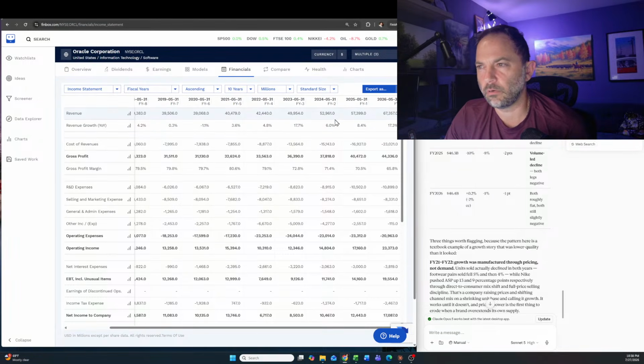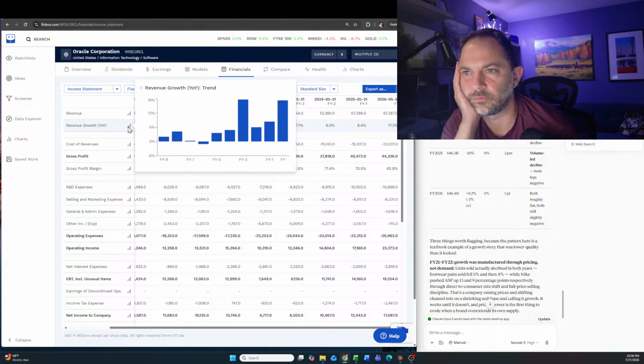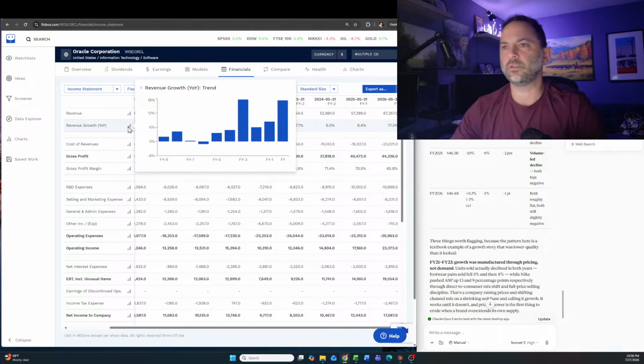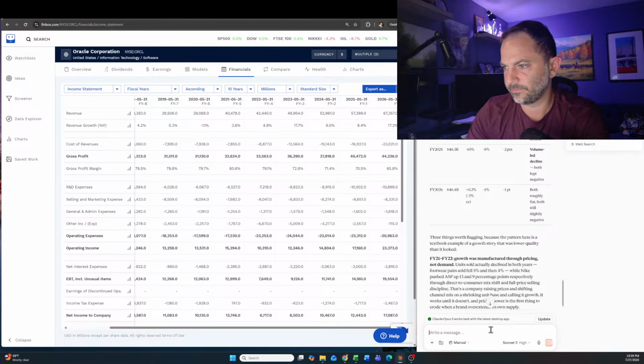Take Oracle, whose revenue was growing 17% last year. This is the growth rate of Oracle's revenue. I'd forgotten when Larry Ellison got on the board of Tesla. When was Larry Ellison on the board of Tesla?